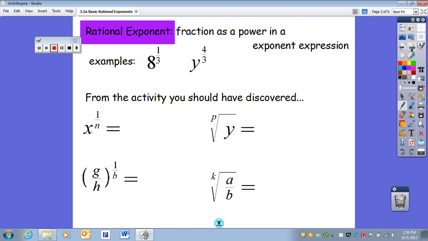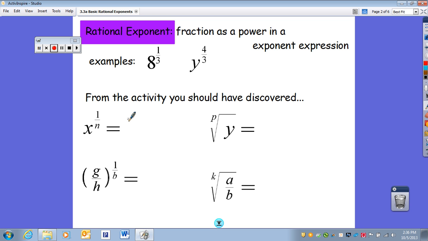So from the activity that we took care of in class, we should have found out that x to the 1/n power simply means that that is going to be the nth root of x. Or when we have the p root of y, that can simply be written as y to the 1/p power.